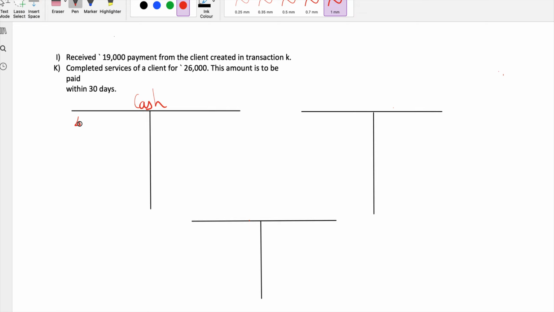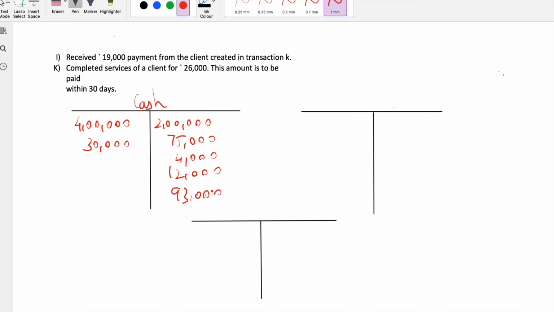Your 4,30,000. This side it is 2,75,000, 4,000, 12,000, 93,000, right?